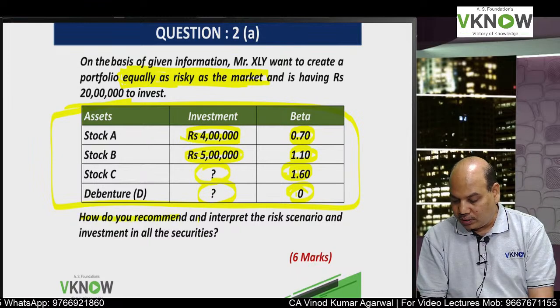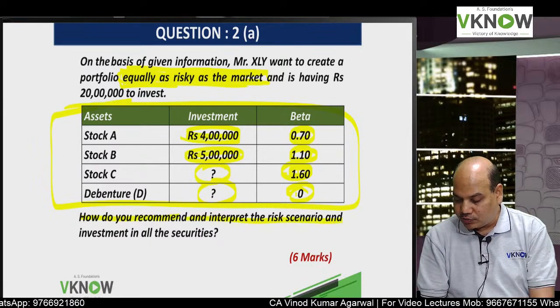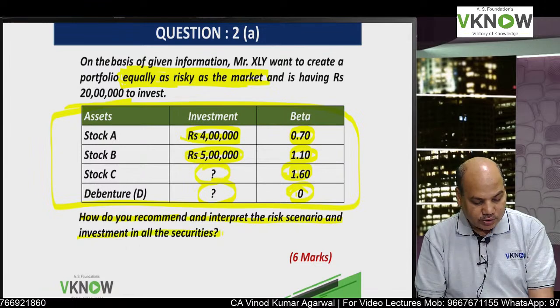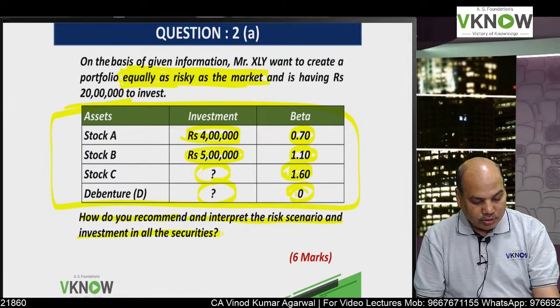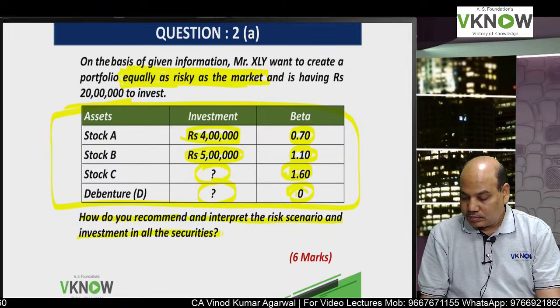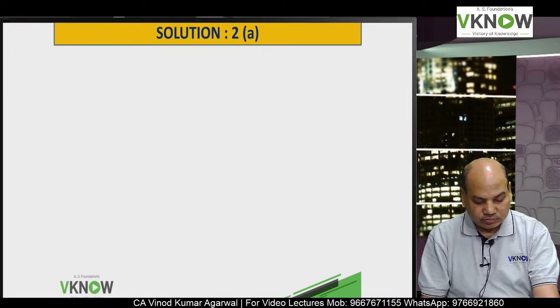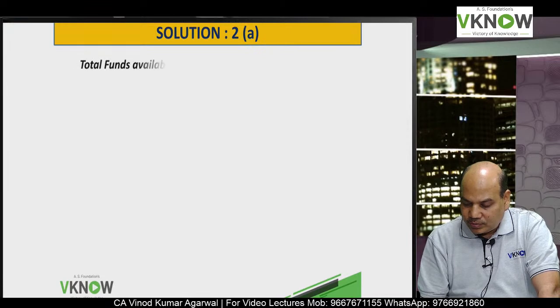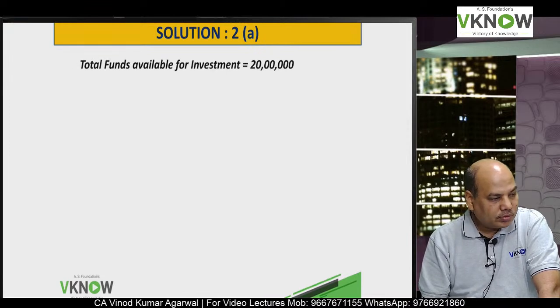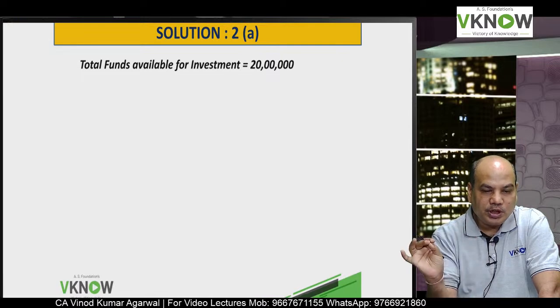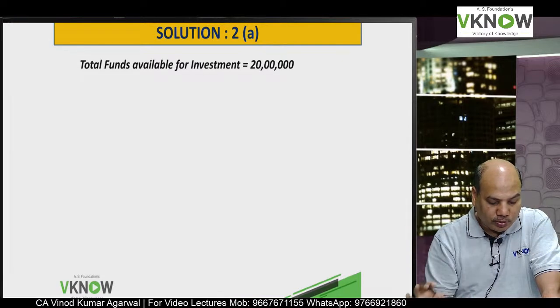How do you recommend and interpret the risk scenario and investment in all the securities? So very good. Now write down one note. Very easy question actually. All of you know that beta of this market portfolio is 1. So we have to solve an equation where weighted average beta of the portfolio will also be equal to 1.